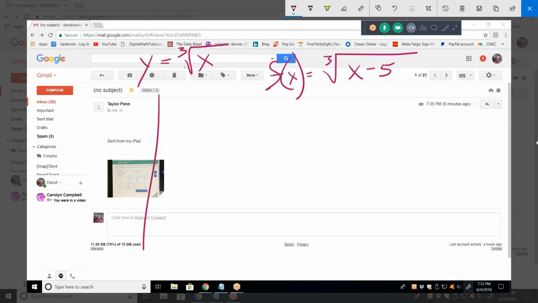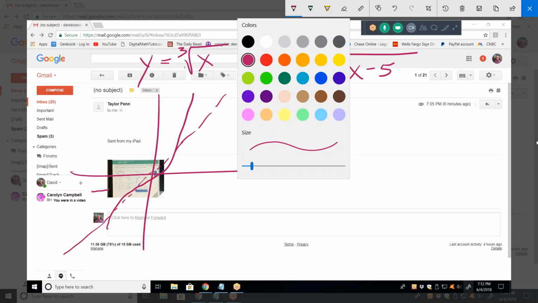Now, cube root of x, first of all, y equals x cubed looks like this. So the cube root of x is the inverse. I'm never very good at drawing these, but the way I would draw this, because I know it's the inverse, would be to reflect it over that line.